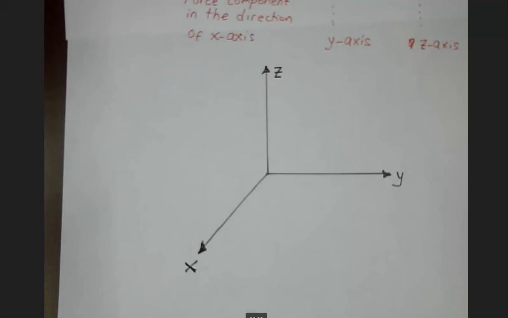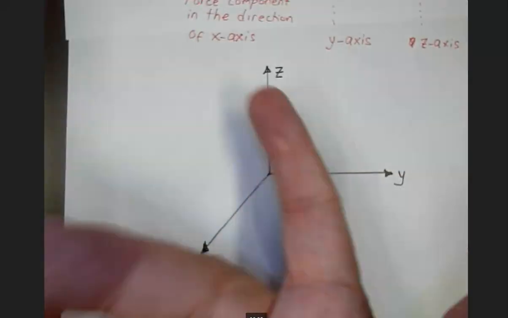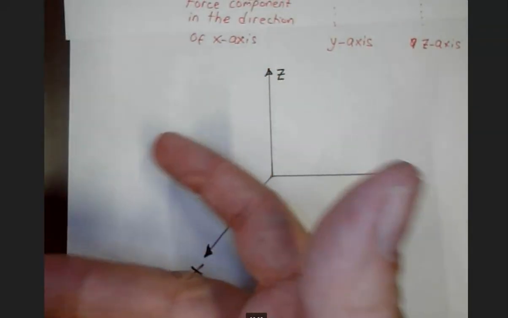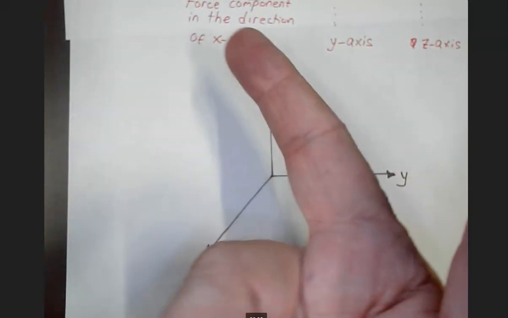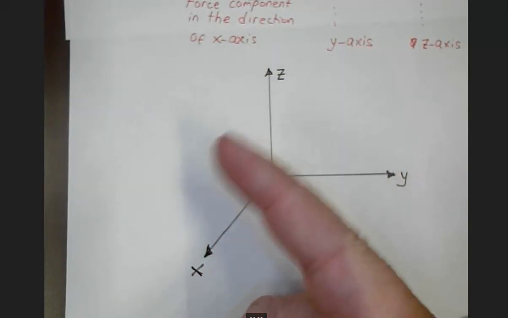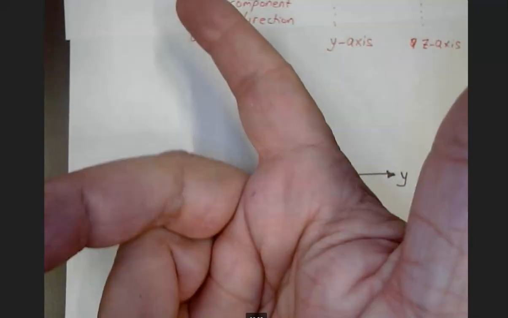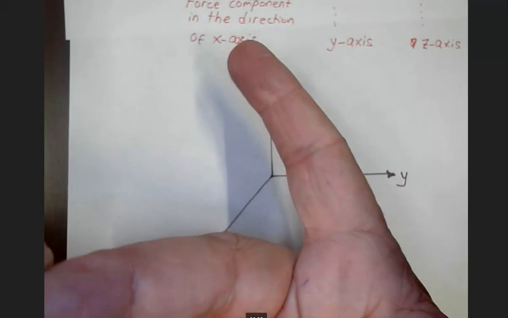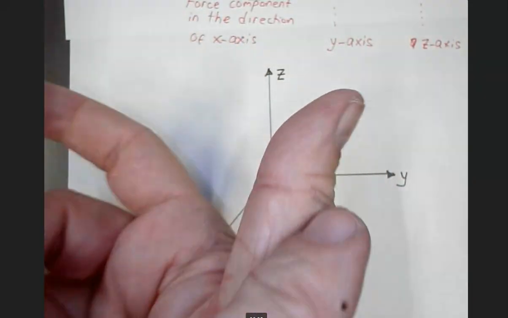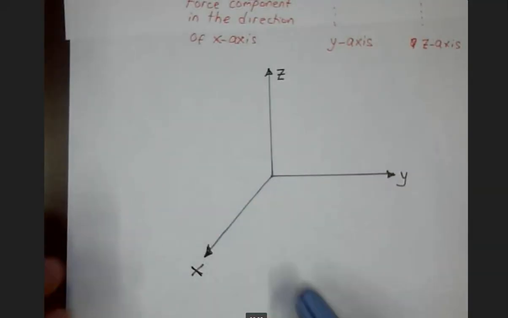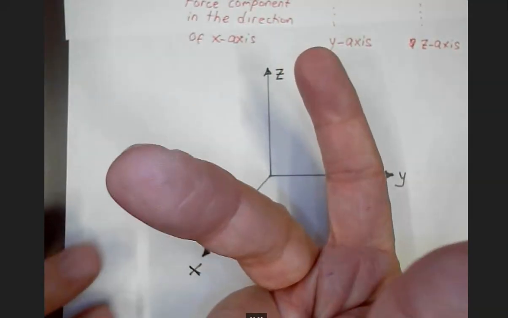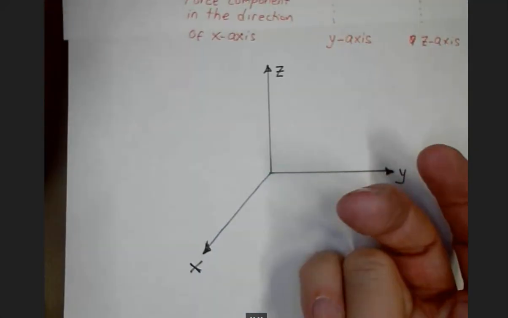right-hand rule or right-hand coordinate system, which means that when we have these three fingers, which I don't remember the names of in English, thumb, index finger, and the middle finger. In Finnish: peukalo, etusormi, keskisormi. What does that mean?